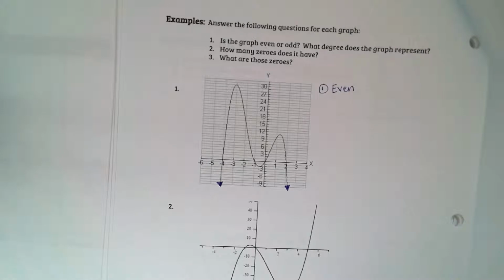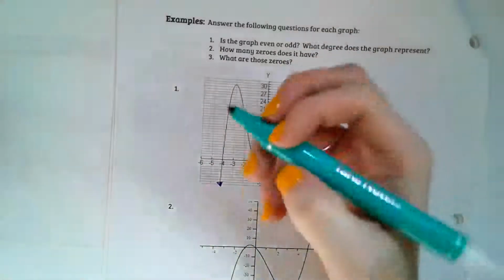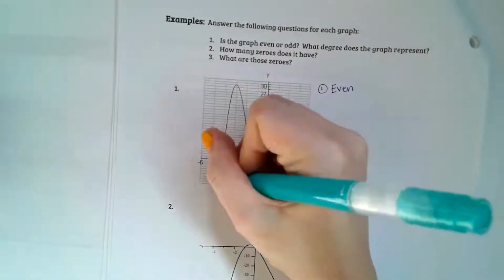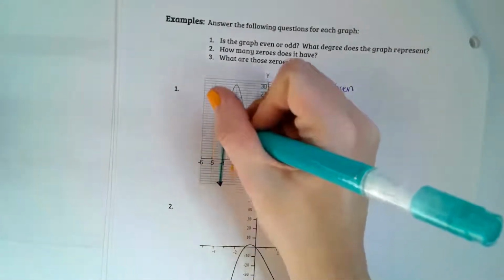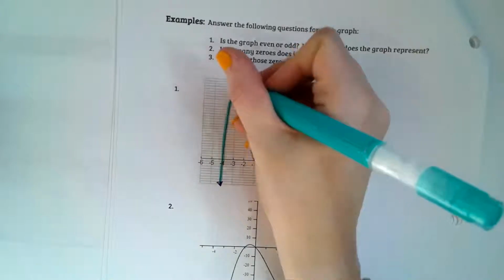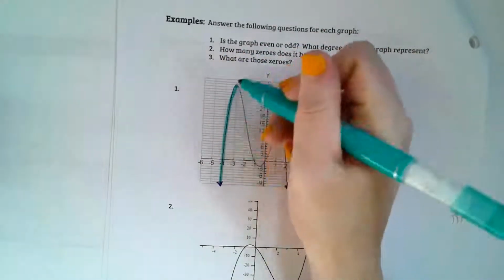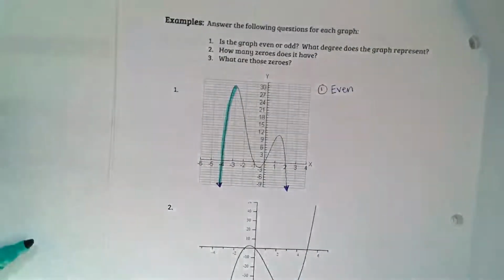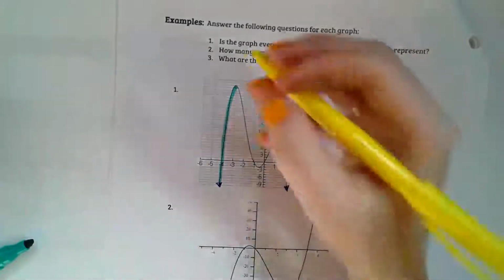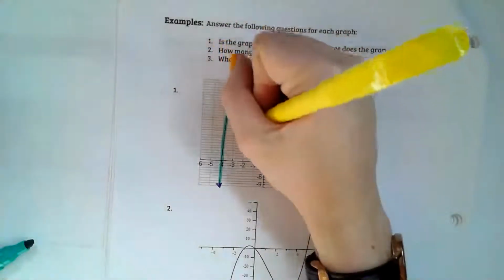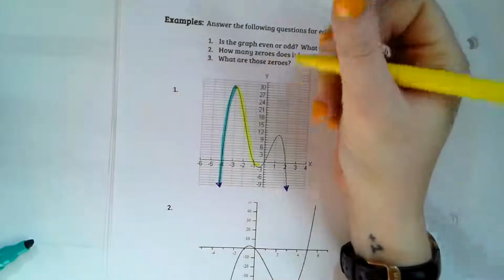Okay. So if I'm looking at this, I have different color highlighters here. If you want to grab some, I would do that. If I start by going up, there's one direction. Then we switch and go down, so now there's degree number 2.